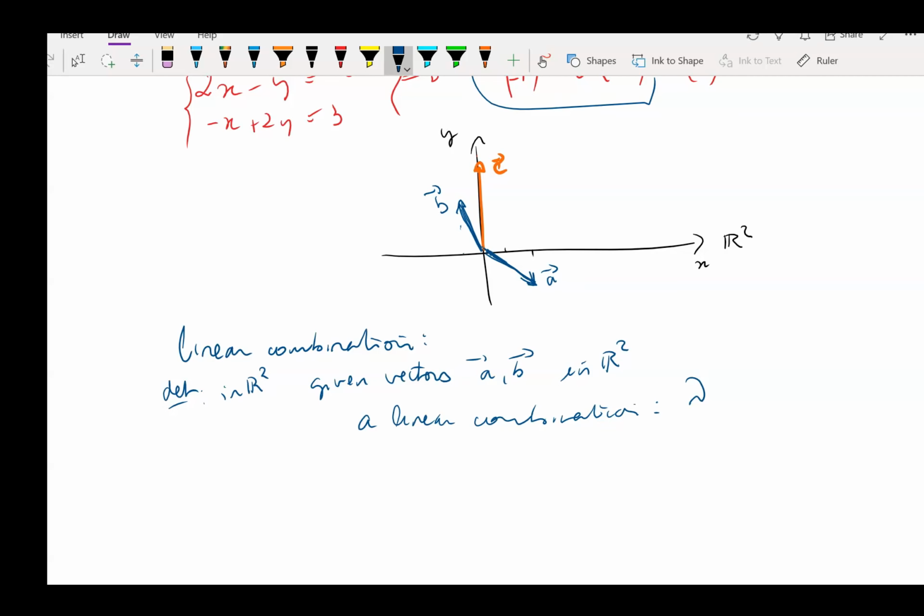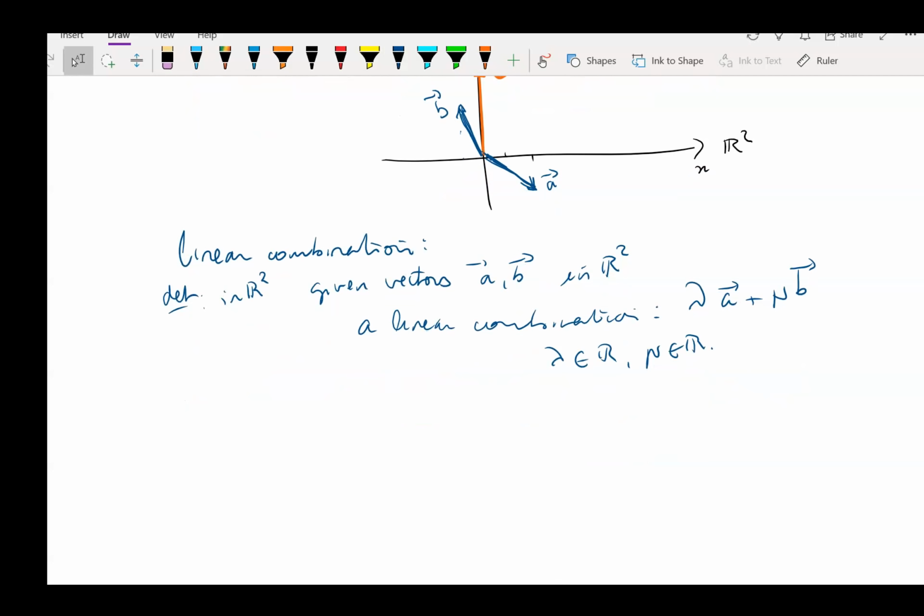Usually we use Greek letters for linear combinations, but it doesn't really matter. I've still written the arrows, but you know that I won't do that for long. Lambda is in R, mu is in R also. But I can do linear combinations of more than two vectors.